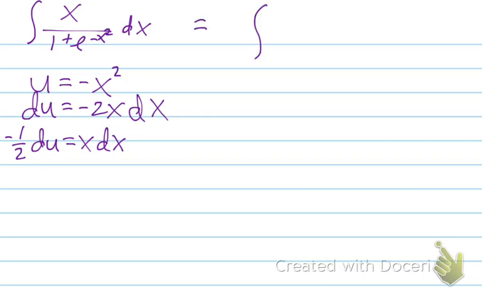So I can rewrite this as the integral of negative 1/2 of 1 over 1 plus e to the u du. And if you look in the back of the book, there's an integral that fits this one. It's actually number 84.